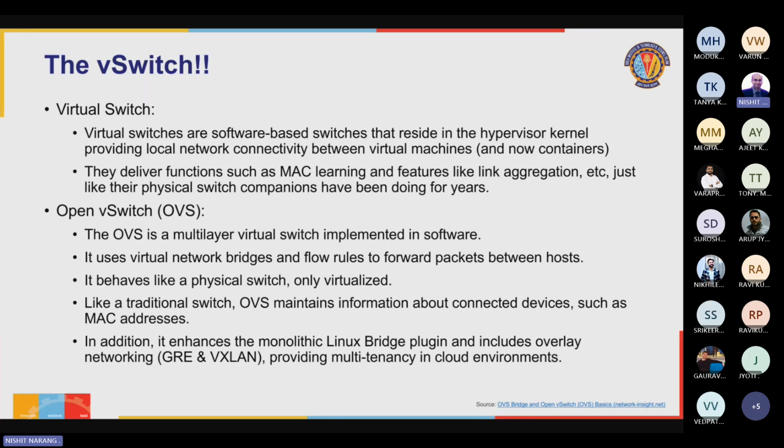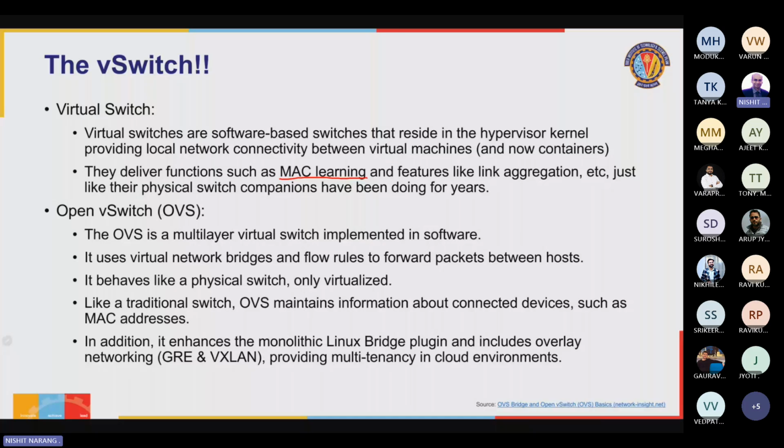Right? So it has the flood and learn functionality that a physical switch has, which we are calling MAC learning over here. It has link aggregation features, where we saw that more than one physical link can be aggregated to be seen as one link of higher bandwidth. That's link aggregation. It has its own associated protocol.